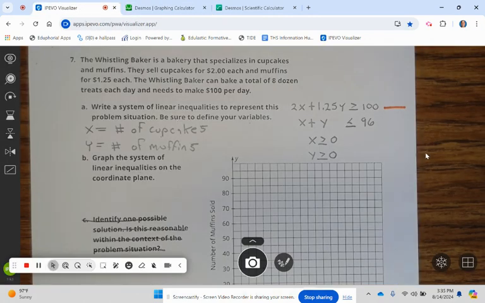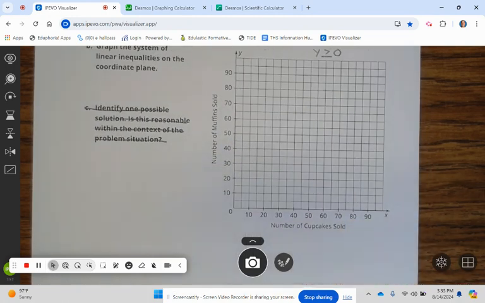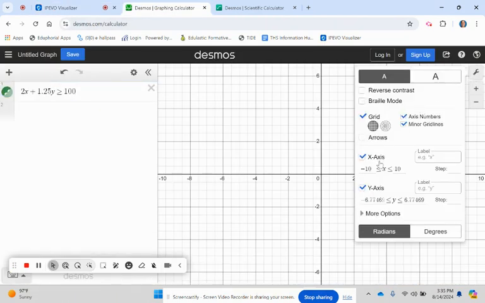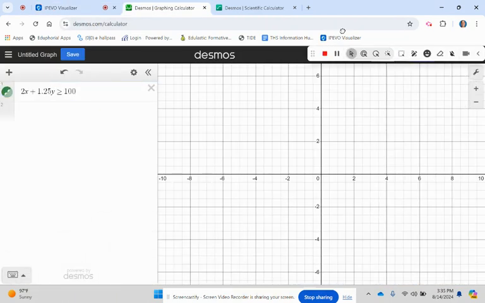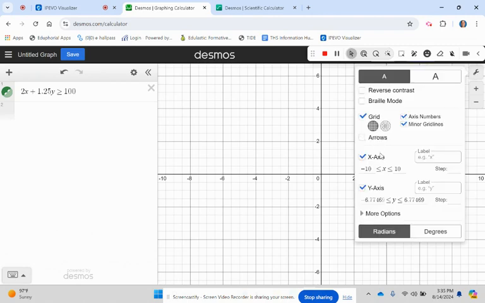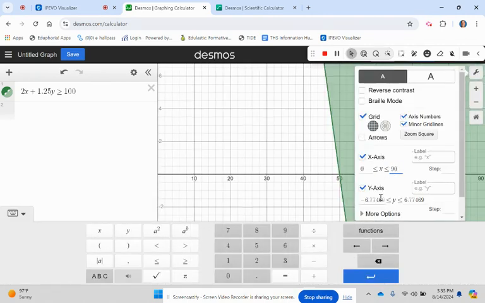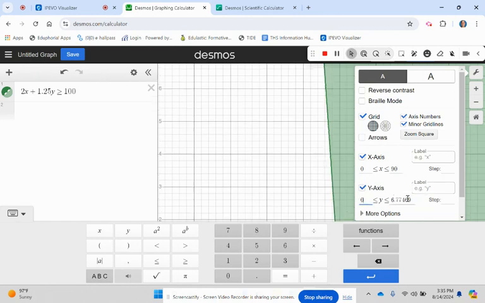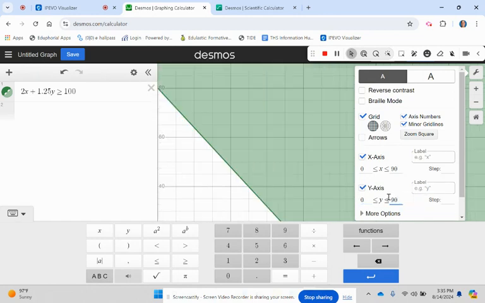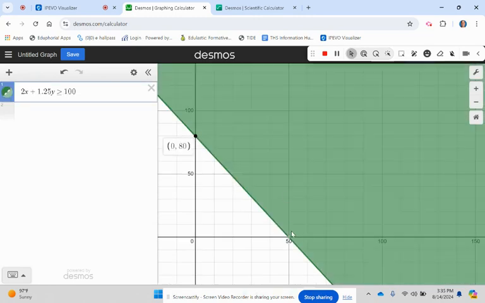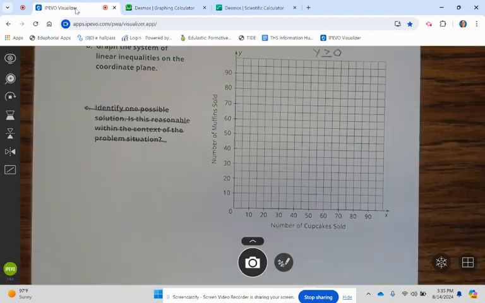So we're going from 0 to 90 and 0 to 90. So I'm going to come back over here and we go to the wrench. And we go 0 to 90 and 0 to 90. Okay, zoom out just a hair. I need points. Let's use this point and this point. So (0, 80) and (50, 0).